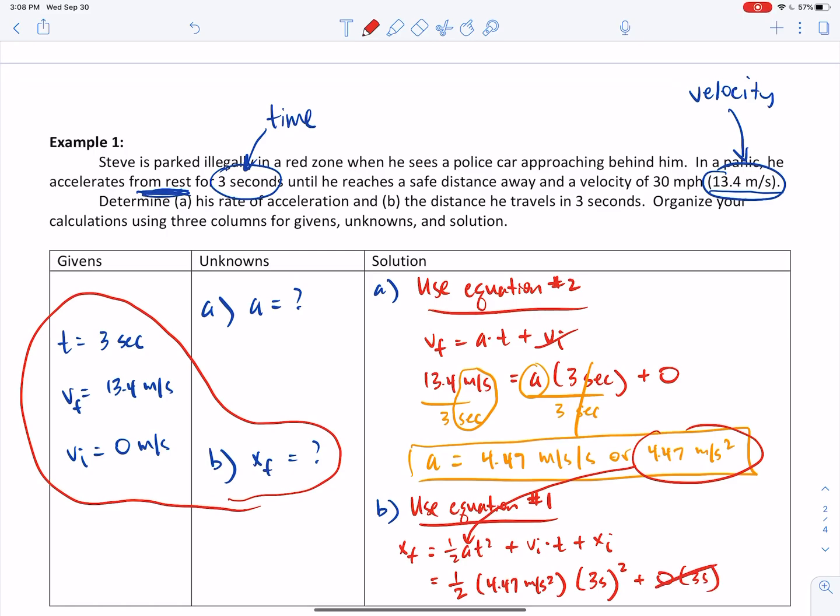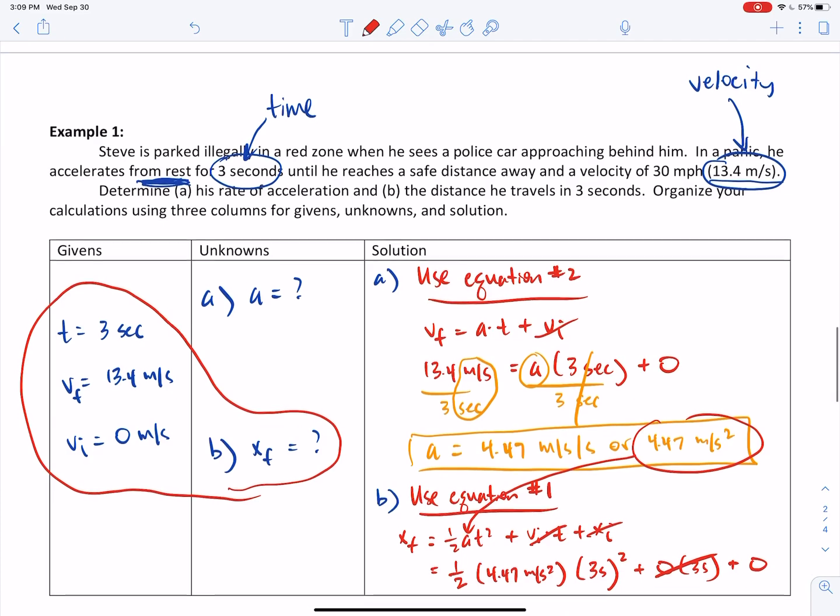Doesn't really matter. That's going to go away, right? And then plus the initial position. Well, he's starting from rest at a certain spot. So I can say that his initial position is just 0 because I wasn't really given any other information about him starting at some other position. So I can just call it 0.